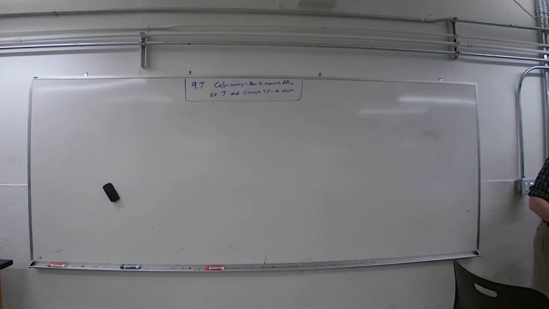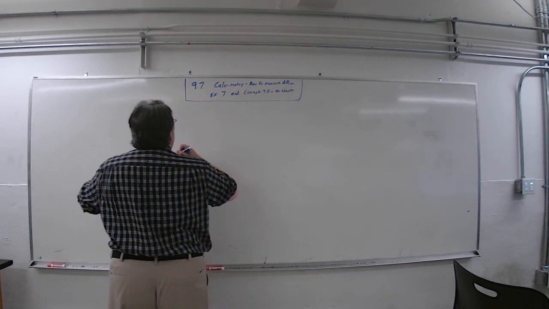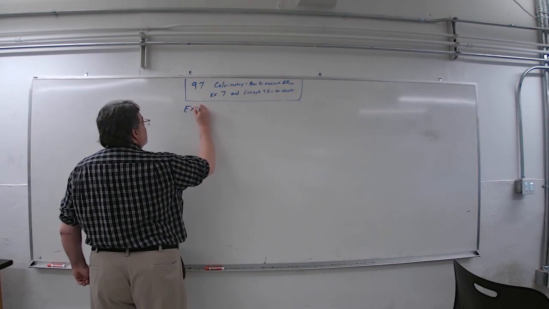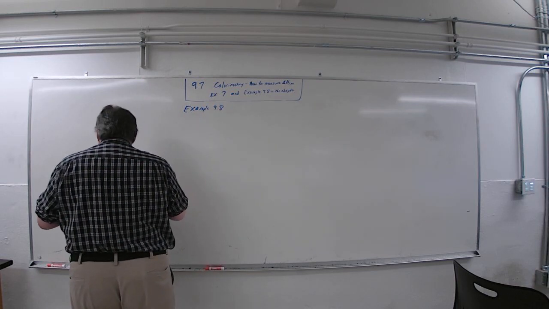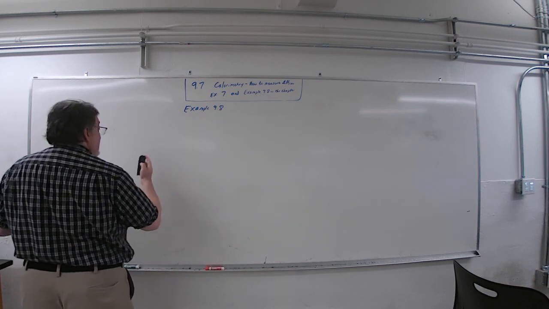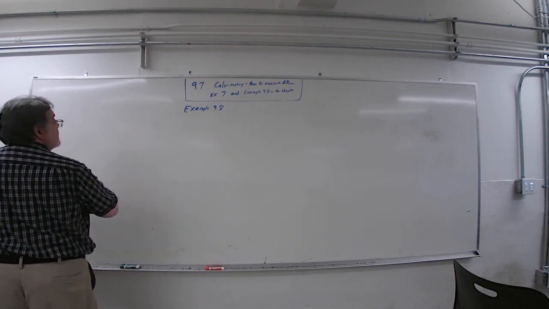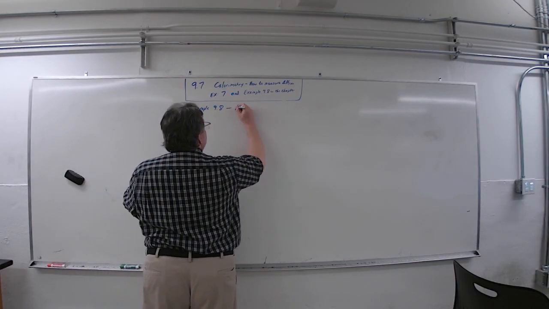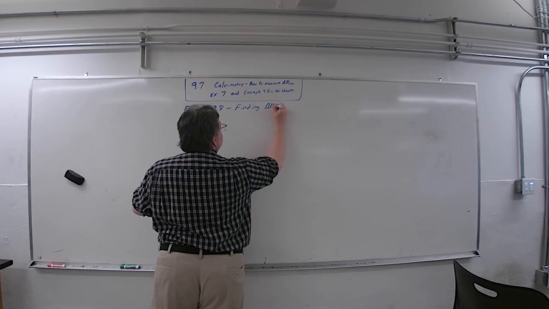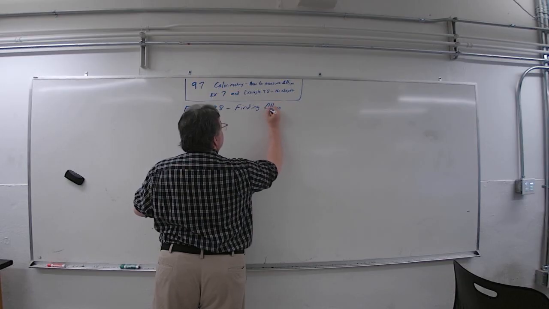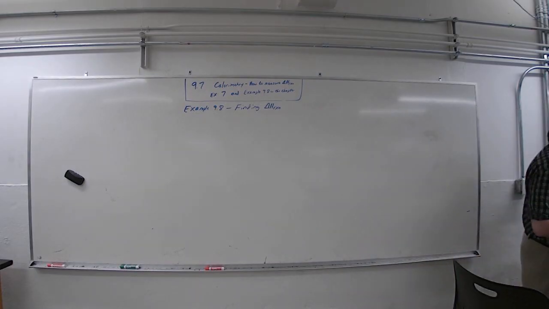This is example 9.8. So calorimetry, this is how we find these heats of reaction that we've been messing with. Finding delta H of reaction. So if you look at this, it tells you the setup.